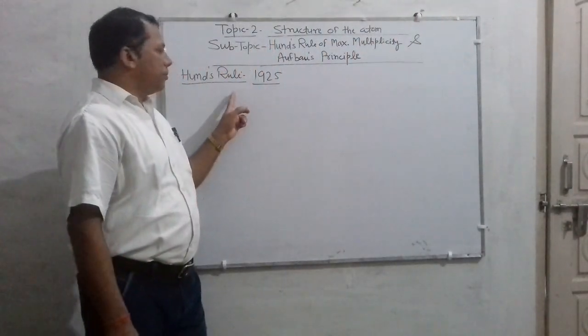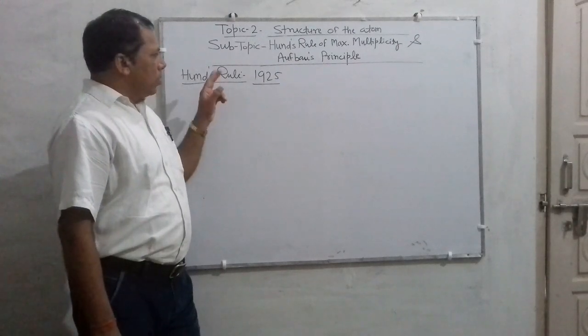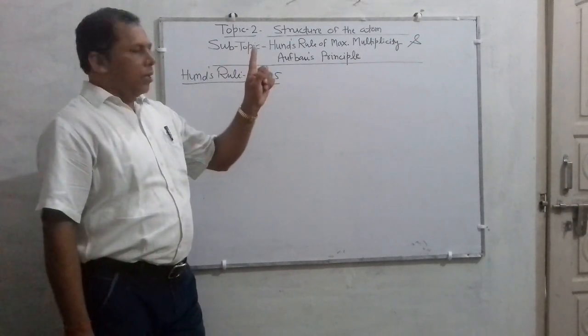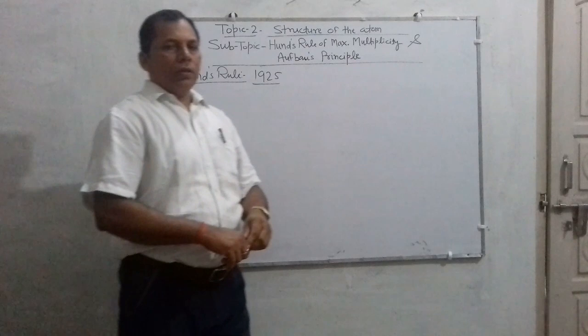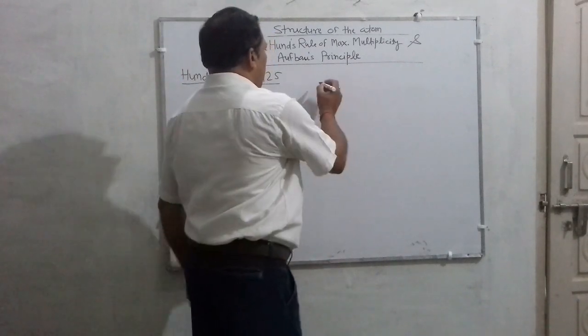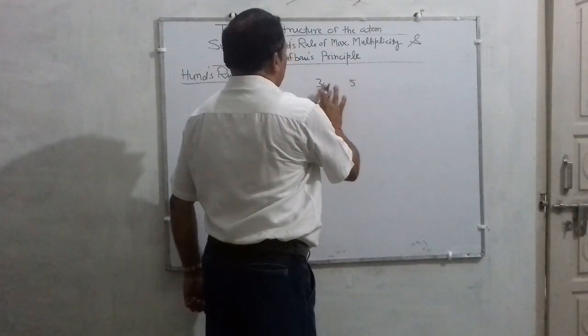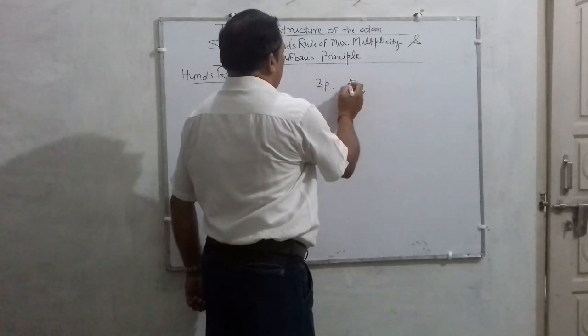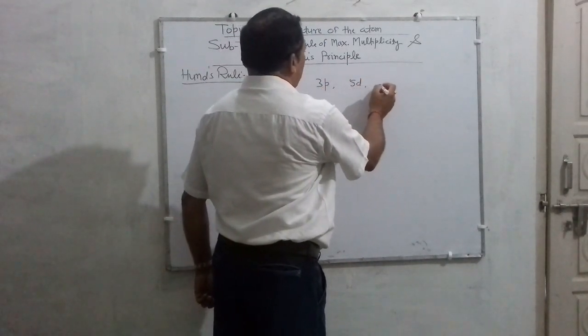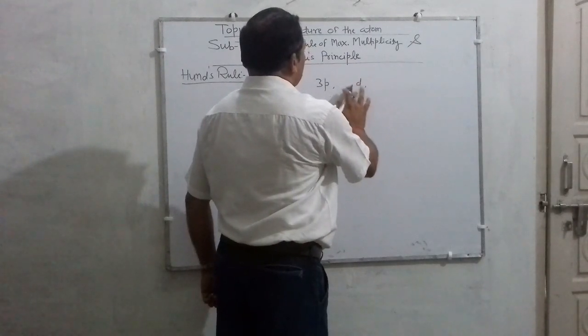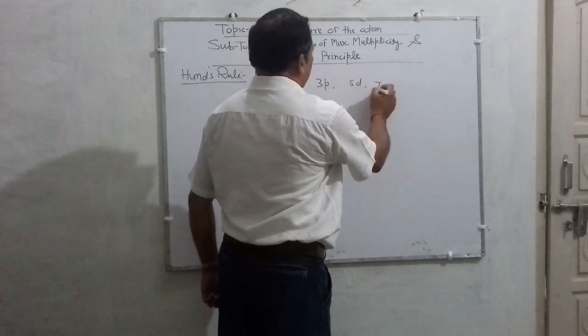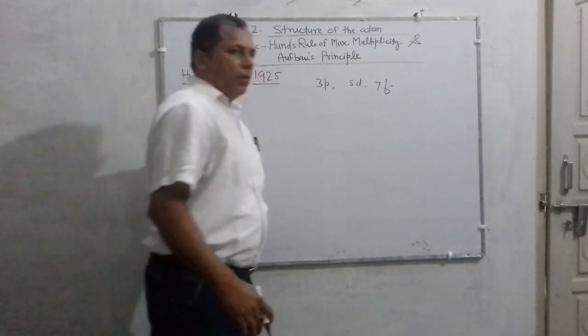This means electrons filled in 3p, 5d and 7f orbitals.